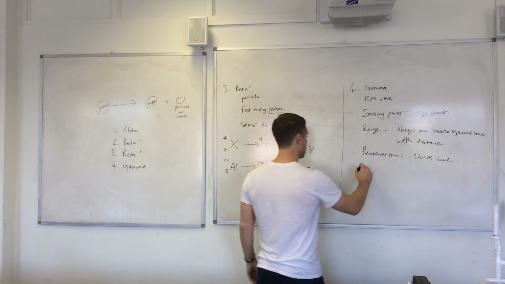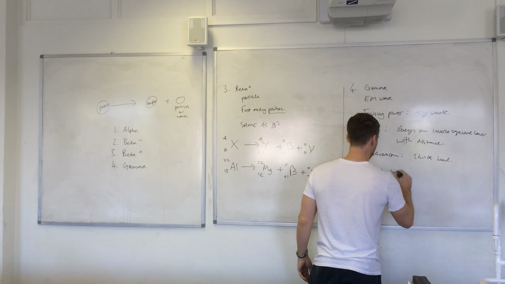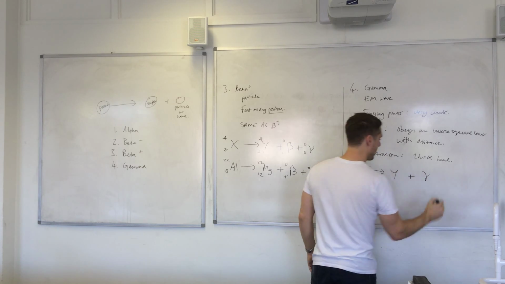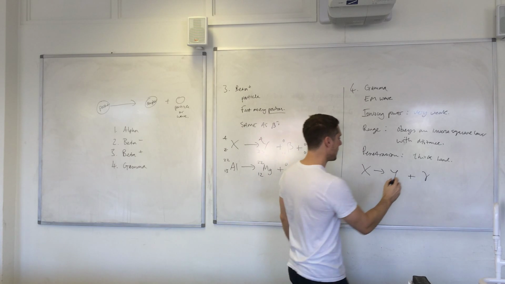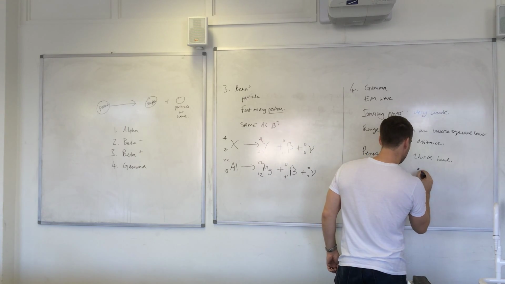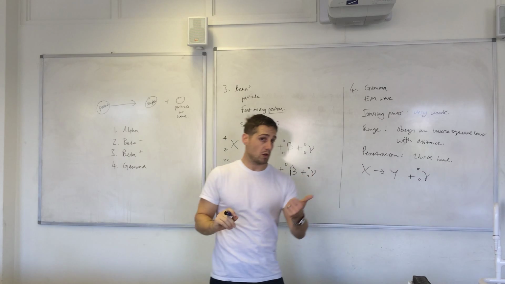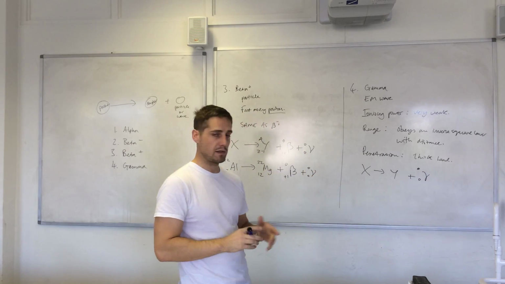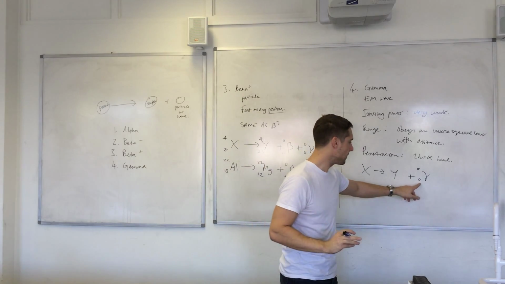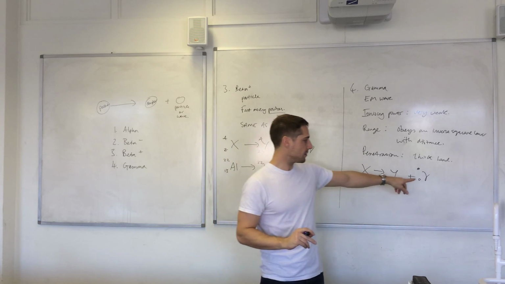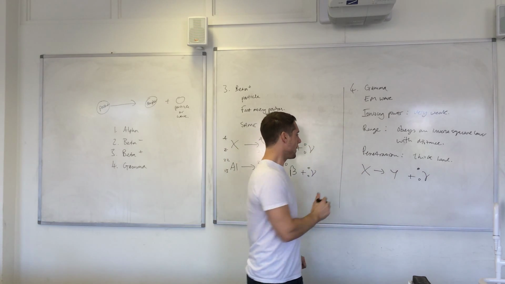The general equation, there's our gamma radiation there. That has 0 and 0, so it's not a nucleon and it doesn't have an atomic number. So the gamma photon has 0, 0.